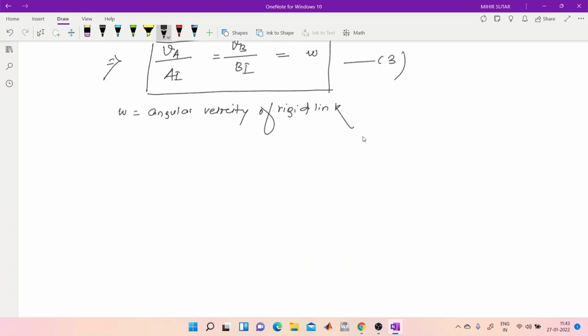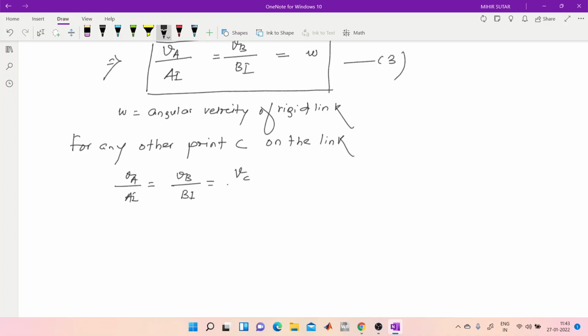For any other point, let's say now we consider any other point C on the link, we will have VA by AI is equal to VB by BI equal to VC divided by CI.